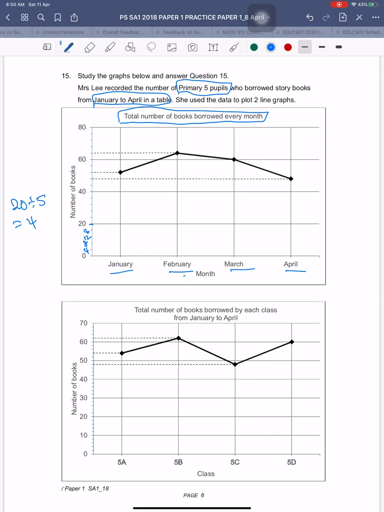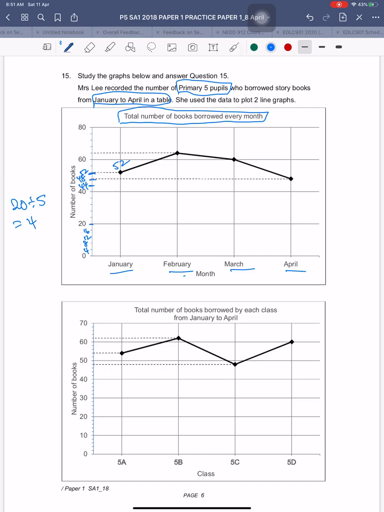So once you know this, you will see that we need to write down the number for each. For example, let's look at January. January is this part here. So it will be 44, 48, 52. So this is 52.